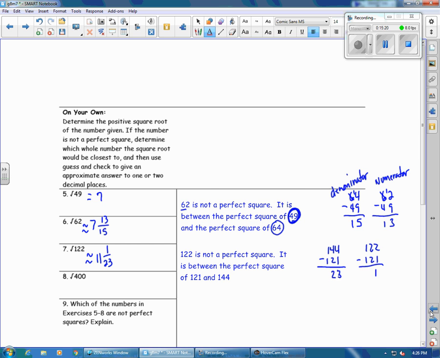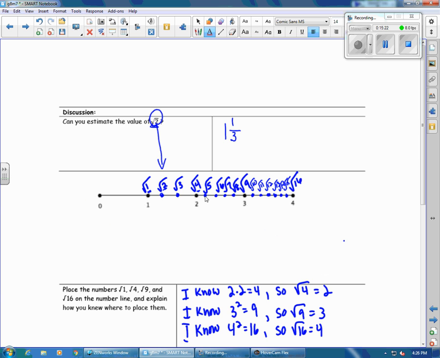Let's take a look back here at our number line. See, what's happening is when we were figuring out the 1 and 1/3, from 1 to 2, we've got 3 spaces in between. That space was cut up into thirds. So if I was looking for the square root of 3, I would say it's 1 and 2/3. If I'm looking for the square root of, say, 7 here, I know it's going to be greater than 2, less than 3. How many spaces on the number line are there here?